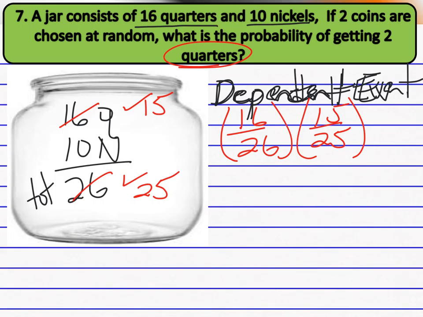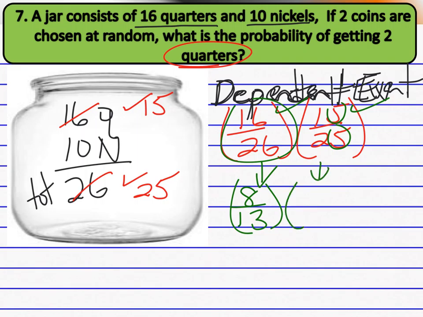Okay, so 2 coins, that means I have 2 fractions. I'm going to go ahead and simplify them before I multiply across. I know those are both even numbers, so I'm going to divide them by 2, and I get 8 out of 13. And then I know these both end in 5s, so I could divide them by 5, and then I get 3/5.